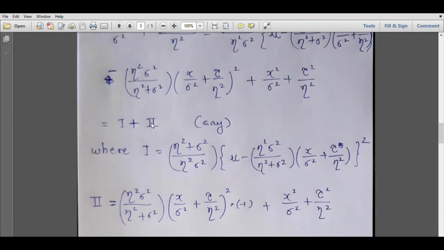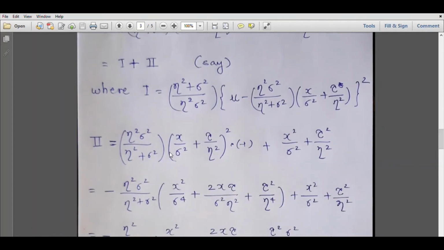So what do we have? Eta square sigma square upon eta square plus sigma square into (x by sigma square plus tau by eta square) whole square into minus 1. This minus sign I have carried here, plus x square by sigma square plus tau square by eta square. Now in order to simplify them, let us first evaluate this square. So let us see what we get.